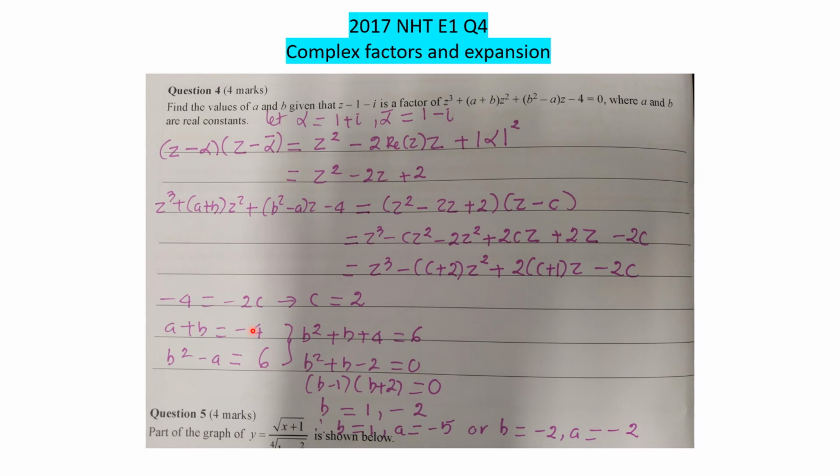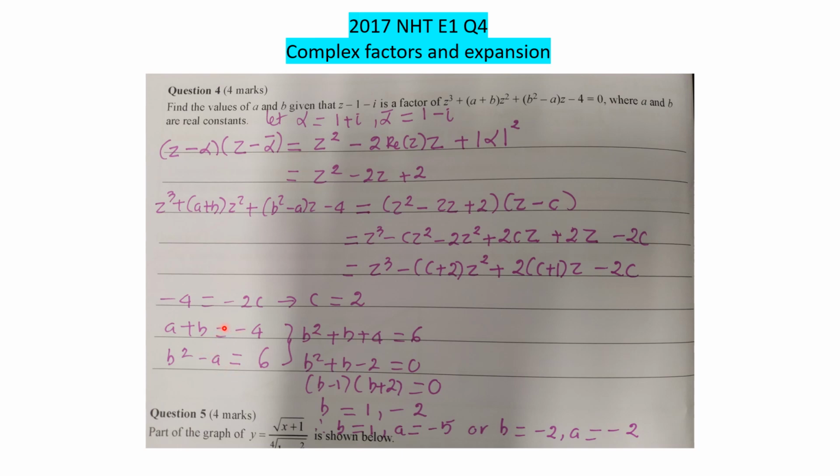So now you need to solve these two simultaneous equations. In this case, what you can do is, for example, make a the subject here, so a would be equal to b plus 4.